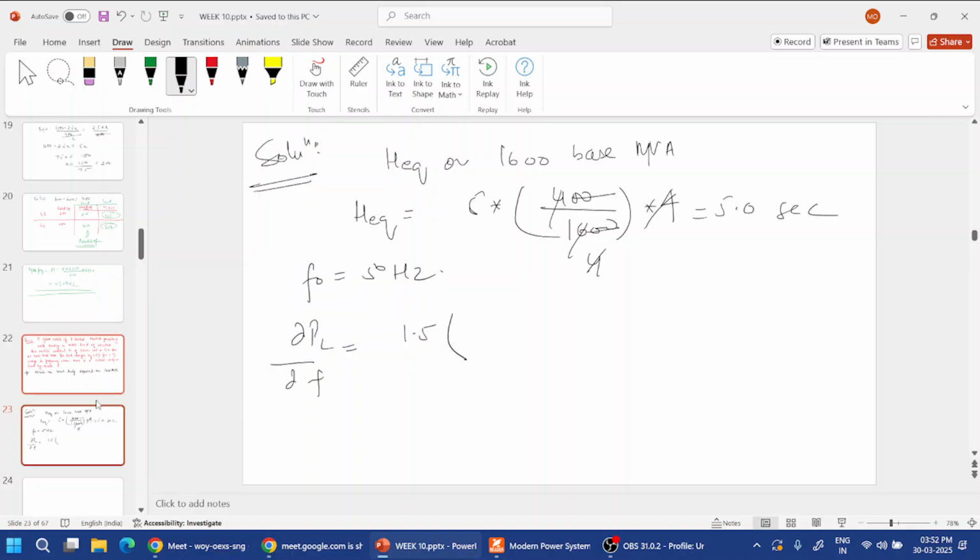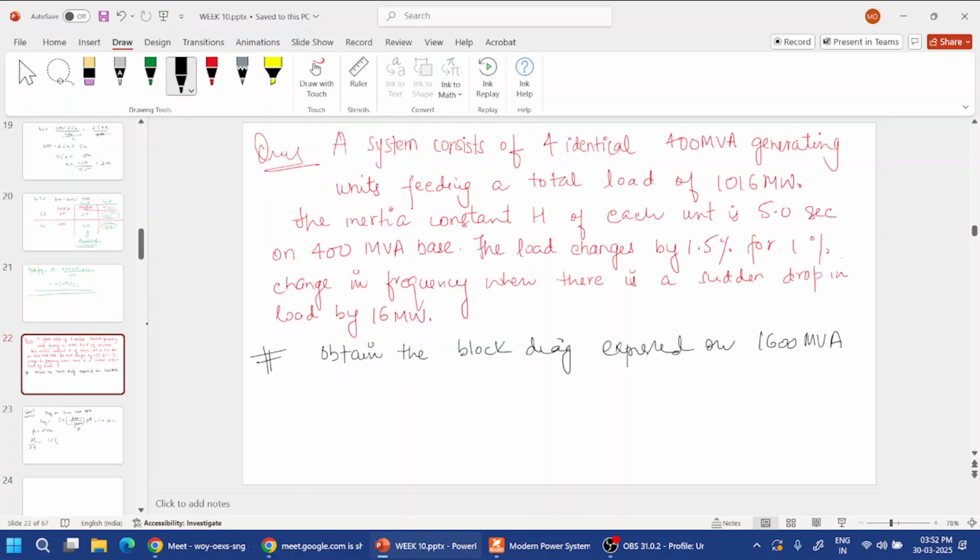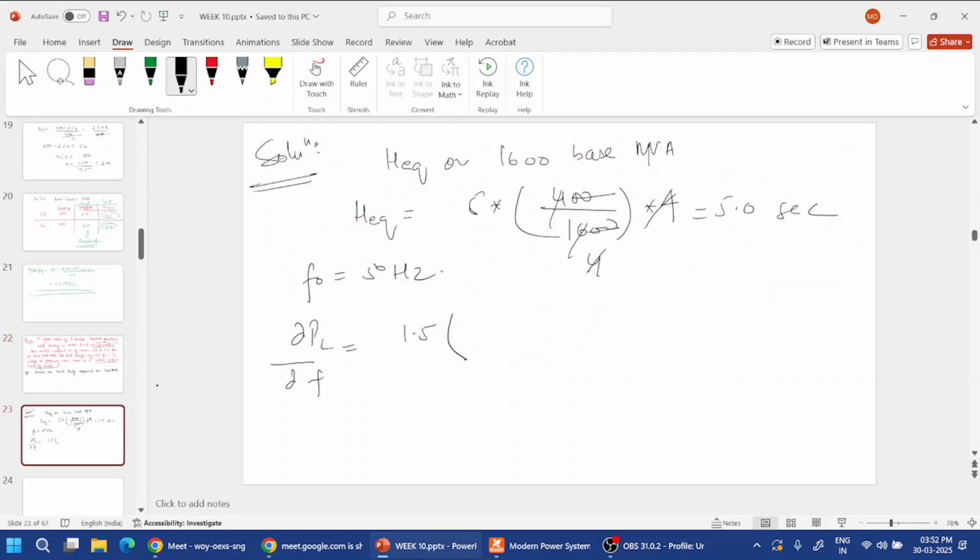It is given in the question that when there is a sudden drop in load by 16 megawatt from this value, so 1.5% of 1016 minus 16, then 1% change of the frequency, which is 50 already.